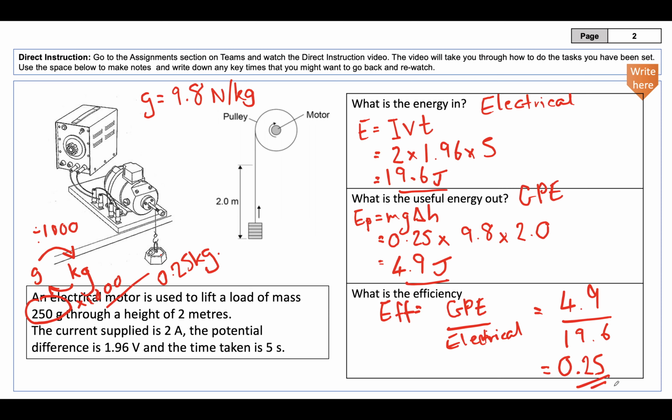So remember that when we're doing an efficiency, there is no unit. I've got joules on the top, I've got joules on the bottom, so the units actually cancel out, so I don't have any units. If I wanted to give it as a percentage, I'd have to multiply this number by 100 to give 25%, but AQA prefer you to leave it as a decimal.